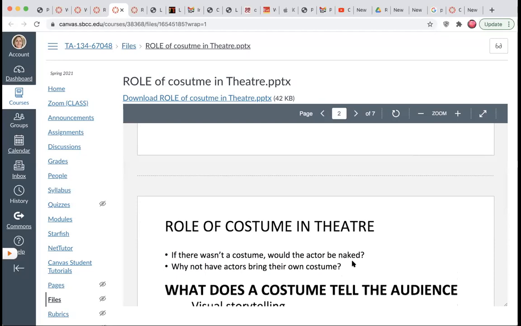But if we're doing a contemporary play, you still don't want the actor to bring their own costume because you need to have visual unity. If somebody brings a bright pink dress, you would not be looking at the guy in the suit, right?